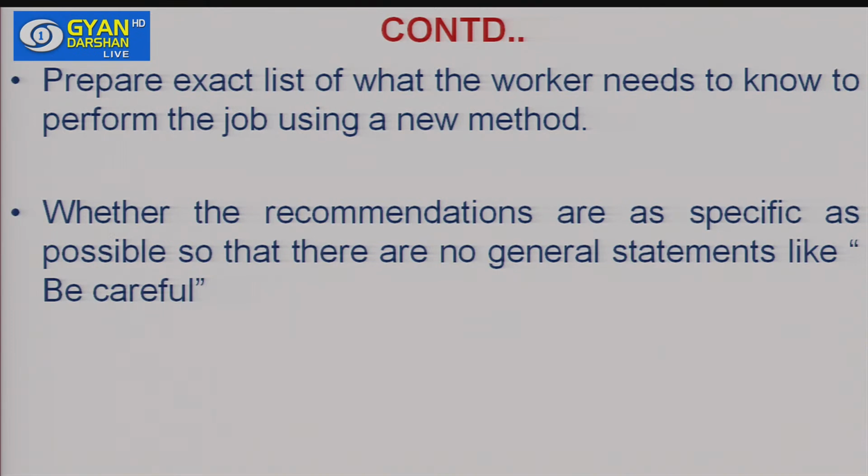So the procedure and all the details about performing that job should be enlisted again, because it's a new method. Make the recommendations as specific as possible, so that there are no general statements like be careful. We need to be specific about the job being done and give specific instructions for performing it, not general statements like be careful.